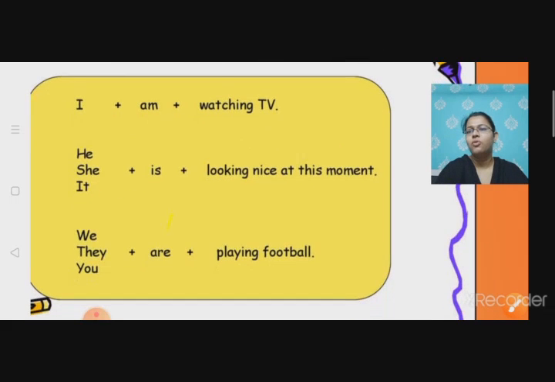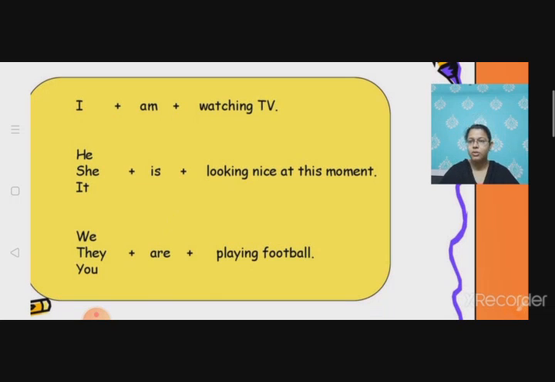Now let's move on to the third one. Here you can see it's we, they or you plus are plus playing football. That means we are playing football, they are playing football, or you are playing football. So students, here we, they and you are the subject, are is the auxiliary verb, and playing is the verb which is in ing form.